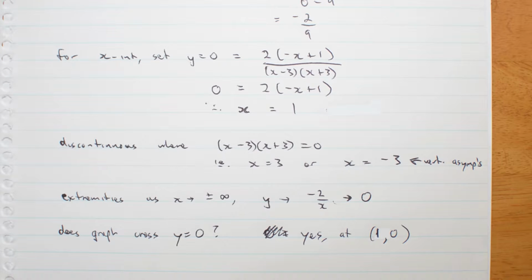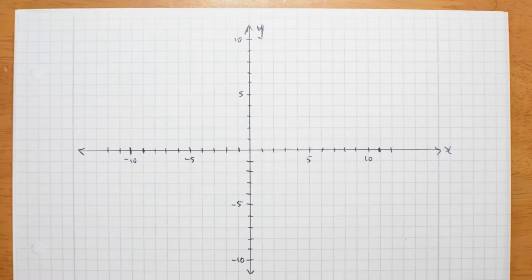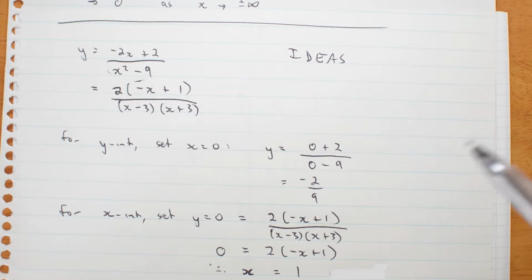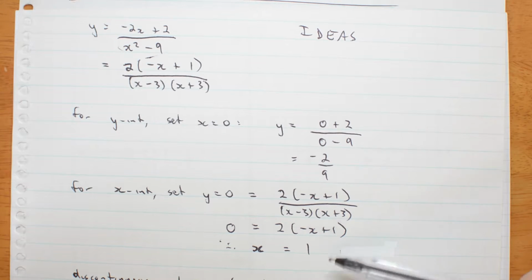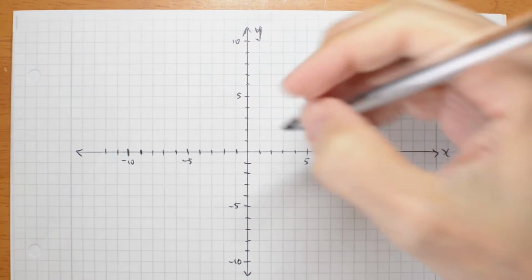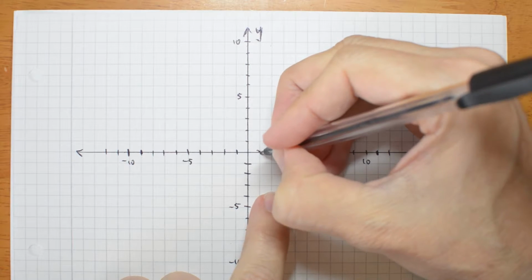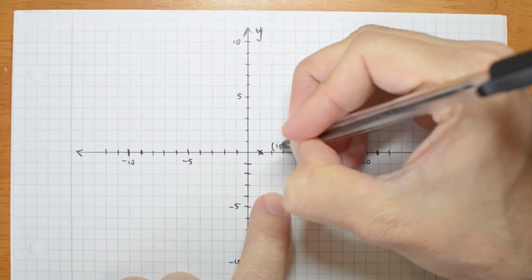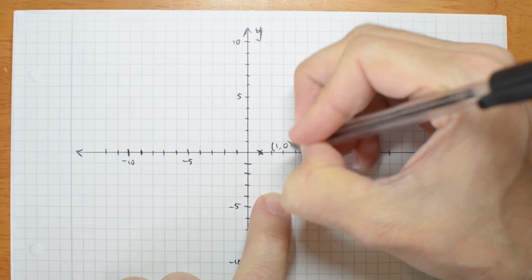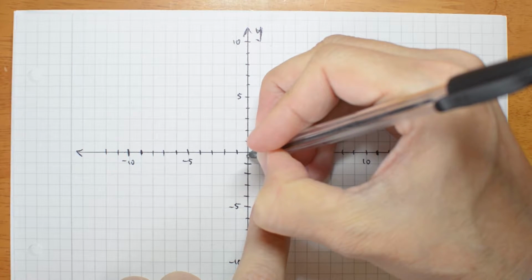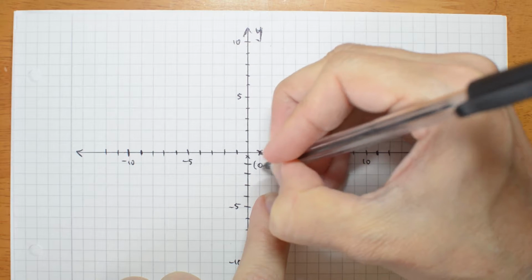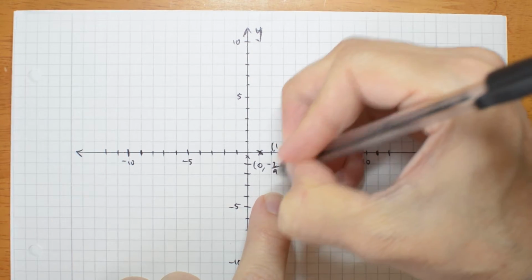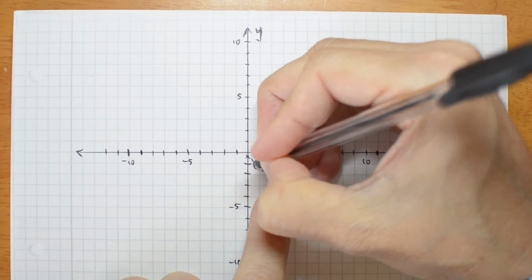Okay, I think I know enough to have a go at sketching it. What do I know? I know that the y-intercept is minus 2/9 and the x-intercept is 1. X-intercept is 1, 0, and the y-intercept is just below 0, minus 2 on 9. That's that point there.